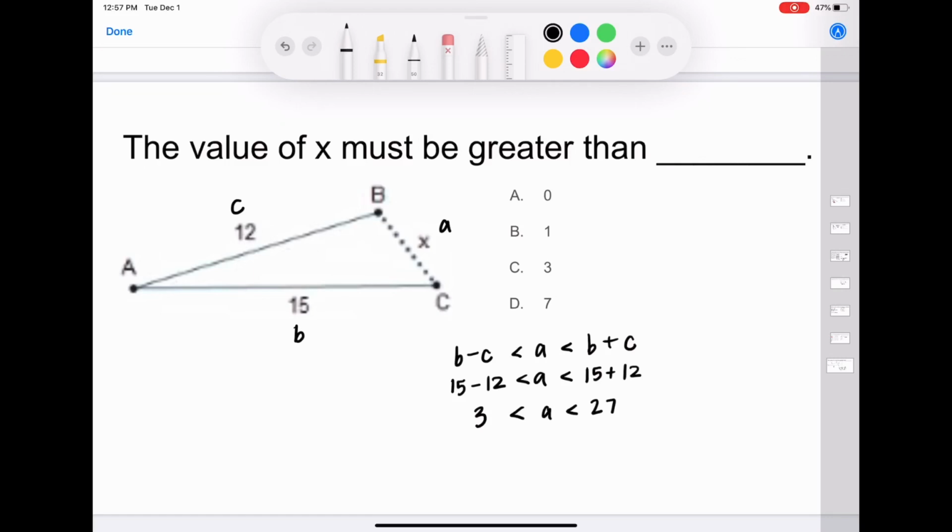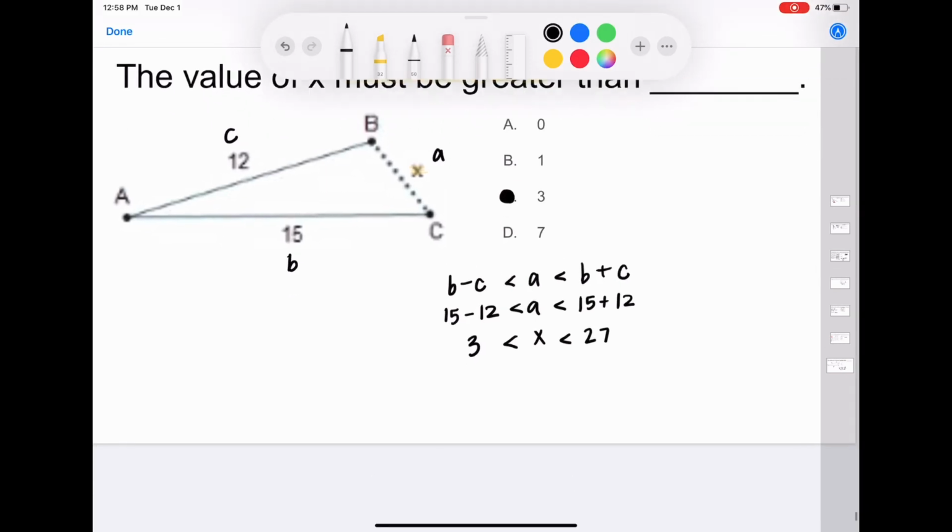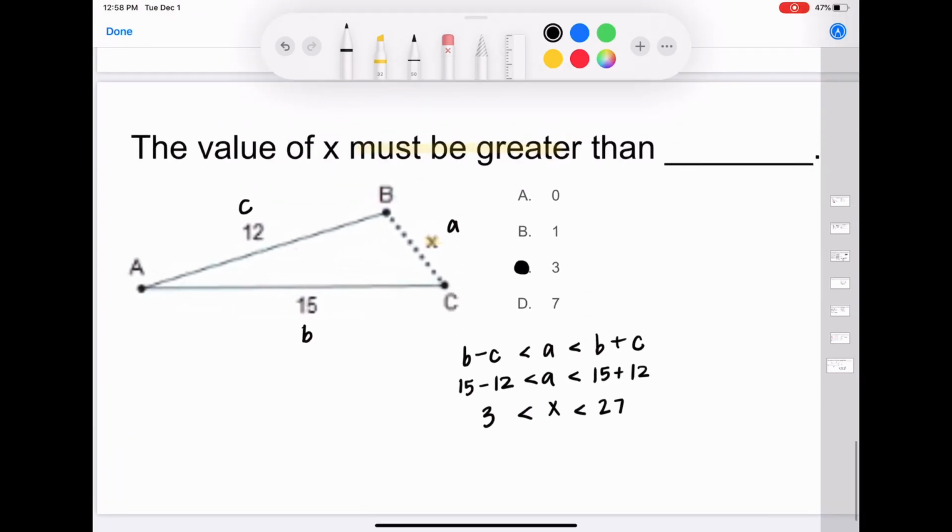So therefore A, or what we also could call X, like we see right here, must be greater than 3, but less than 27. So it must be greater than 3, and so our answer would be C. Okay, next problem. Actually, that was the last problem.